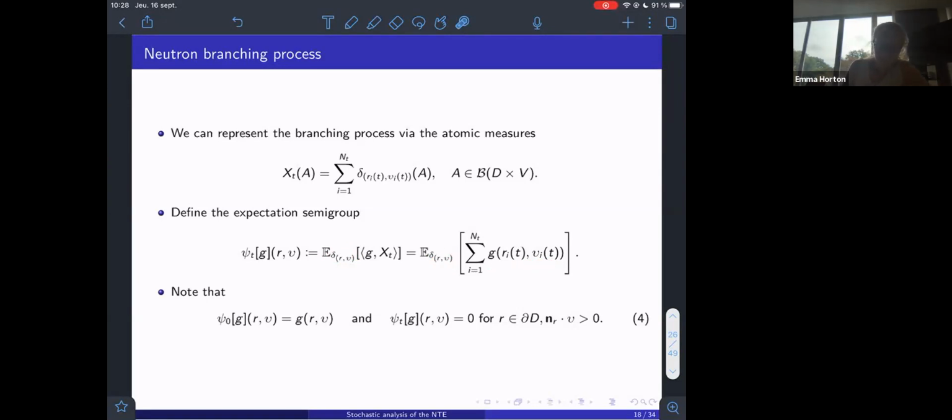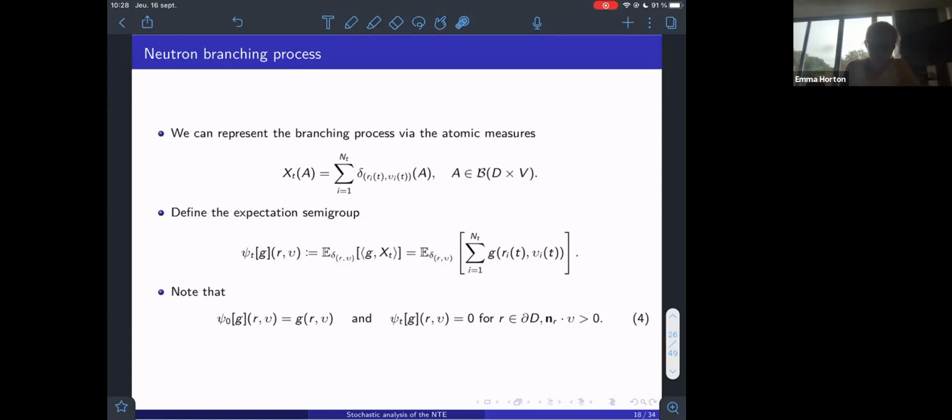Just note that based on the dynamics that I described previously, the flux is equal to 0 at the boundary for outgoing neutrons, because I said that if a neutron hits the boundary, it's killed. And at time 0, the expectation semigroup says that the configuration of neutrons is described by the function g.